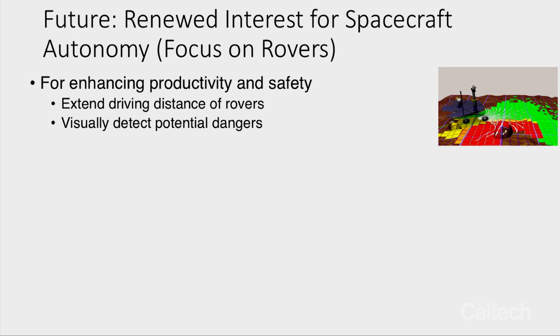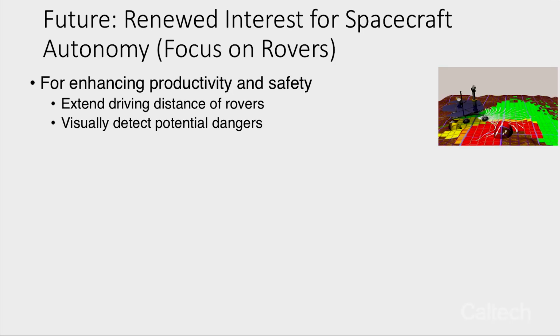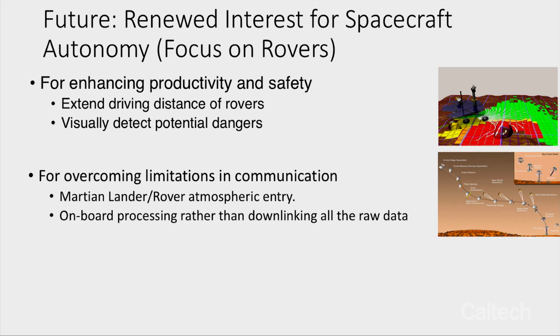We need enhanced productivity and safety. You want these rovers to drive longer distances for science returns, and you want them to also be aware of the potential dangers in the environment. There is a severe communication bottleneck with some of these missions.